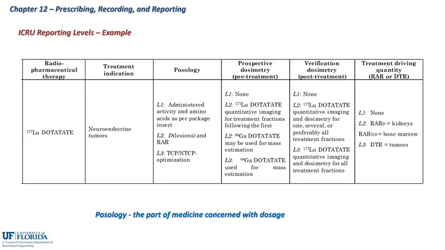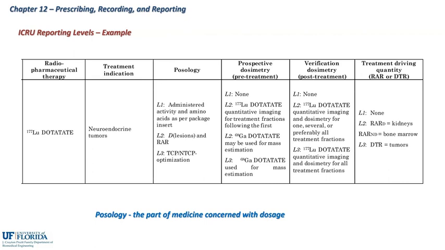So here's just one of many examples given, for lutetium-177 dotatate. We have the treatment indication, posology, the L1, L2, and L3. You can see for L1, administered activity and amino acid is given per package insert. Level 2, you would calculate doses to lesions as well as to the regions at risk.